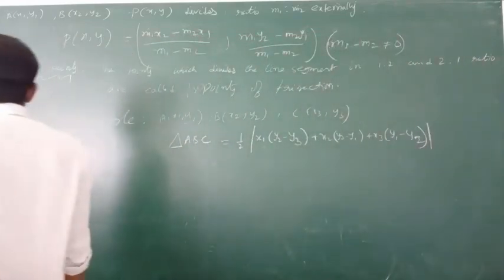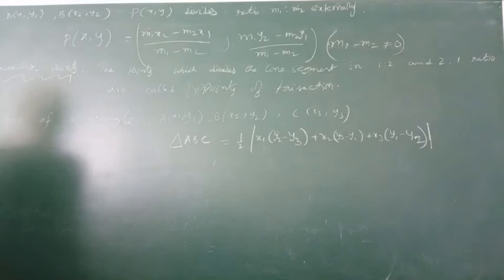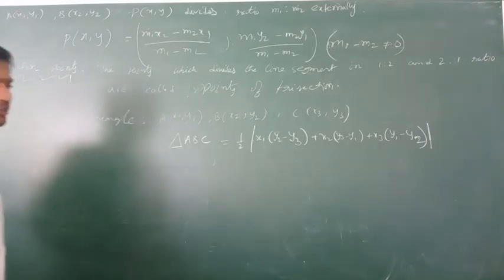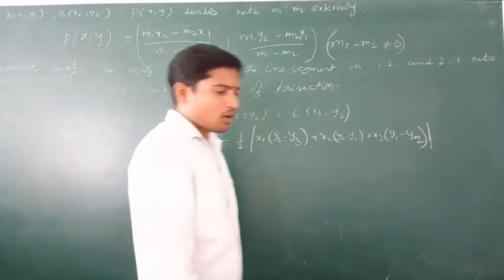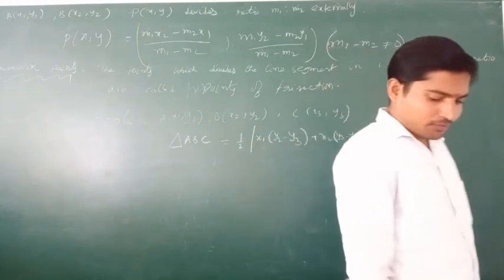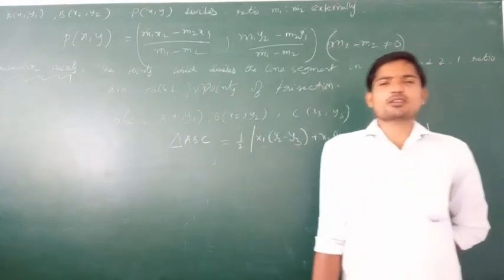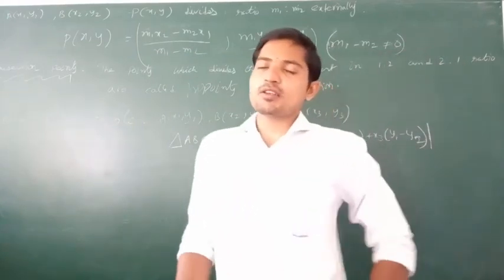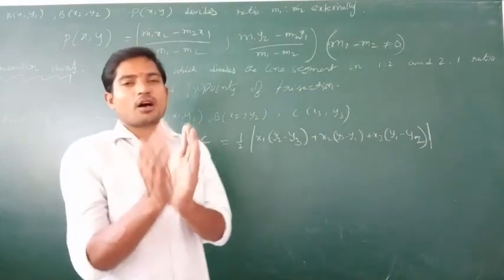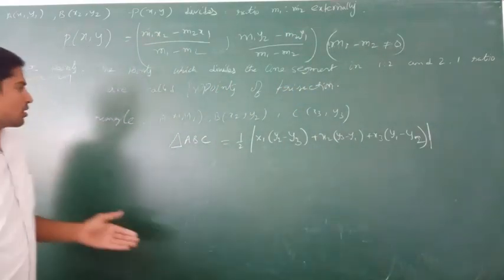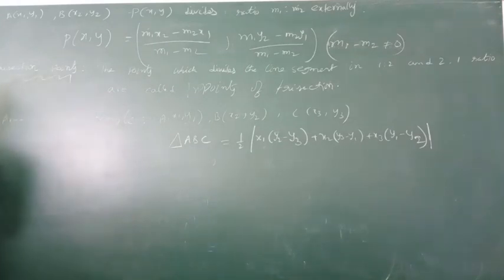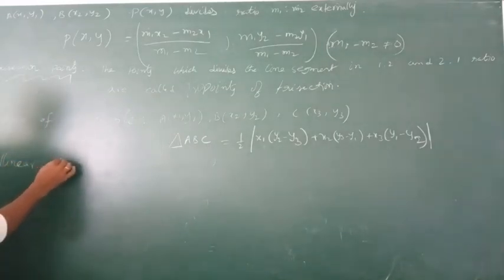Now, the next thing is collinearity of points, which we also discussed. What is called collinear? Points that lie on the same line are called collinear points. Eighth one, collinear points.